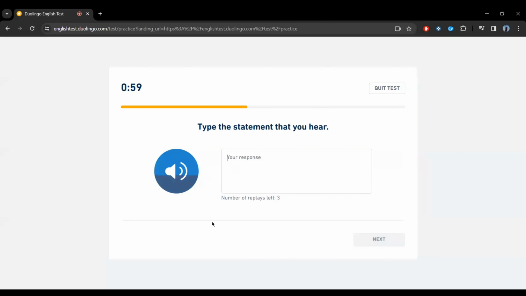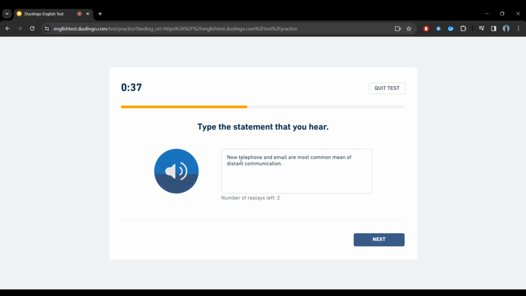Now, the telephone and email are the most common means of distance communication. Let's hear it once again.